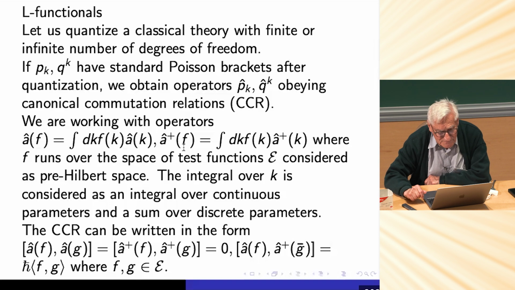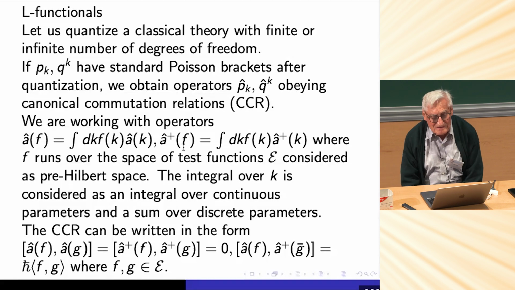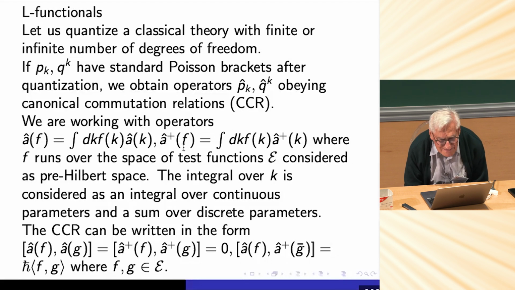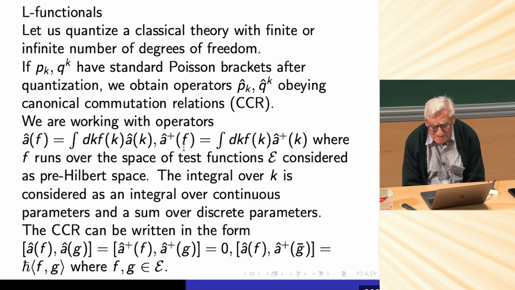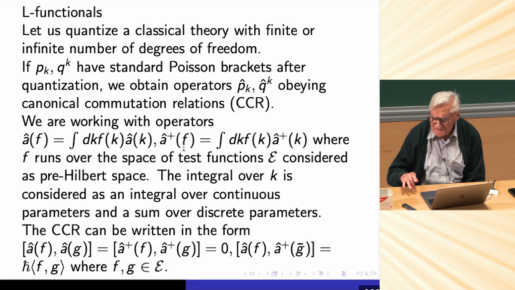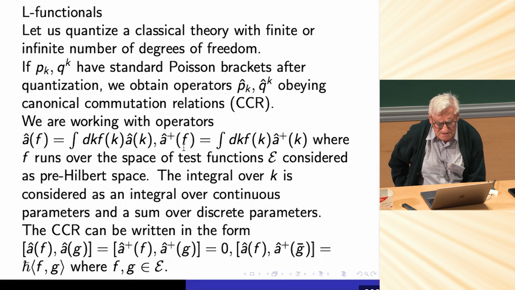First, I'm trying to quantize a classical theory. So I have standard Poisson brackets. Usually in usual quantum mechanics, you quantize them and you get canonical commutation relations, CCR.